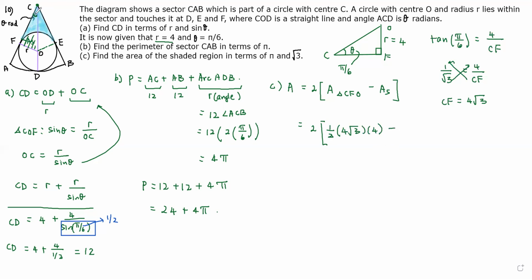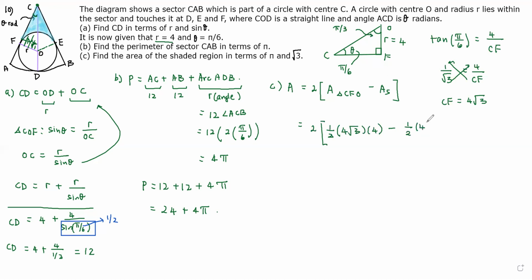minus the area of this shaded sector of the small circle. That area is half R squared theta. That angle FOC is this angle. If this is pi over 6, that must be pi over 3. You take pi over 2 minus pi over 6, and you get pi over 3 from the right triangle. So you have half R squared theta.